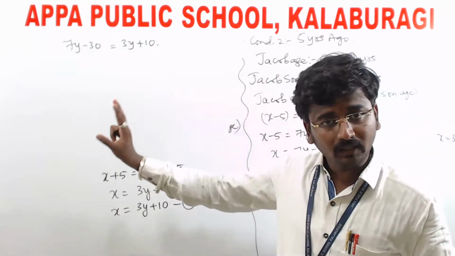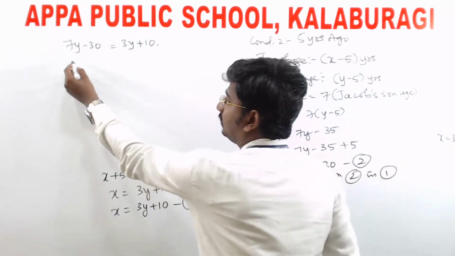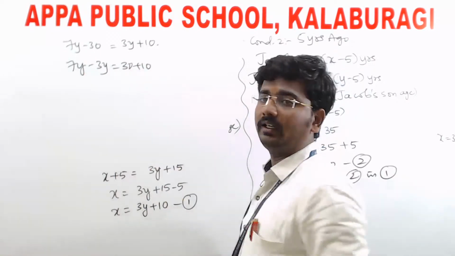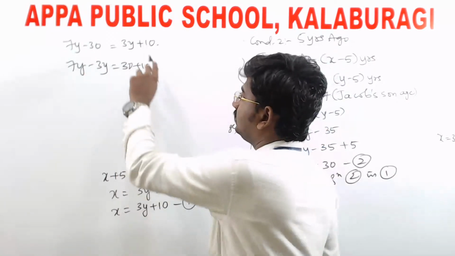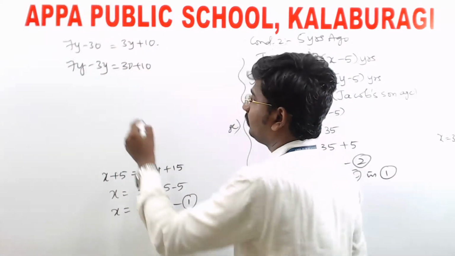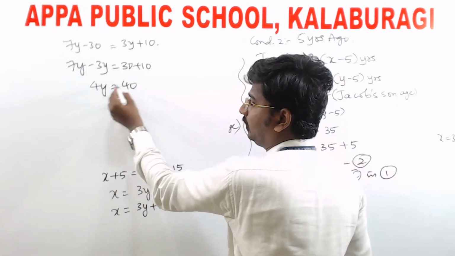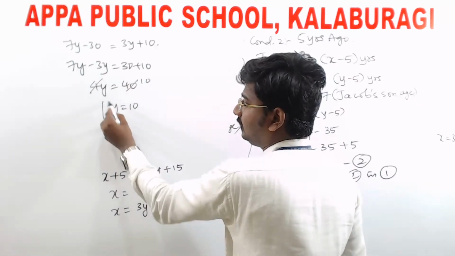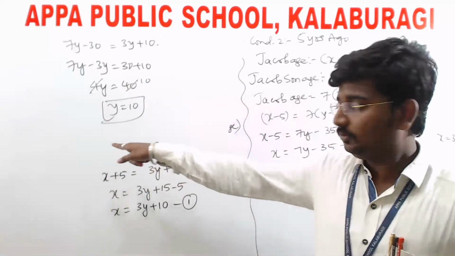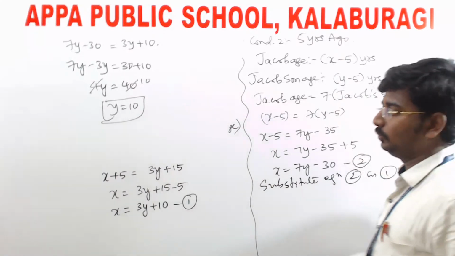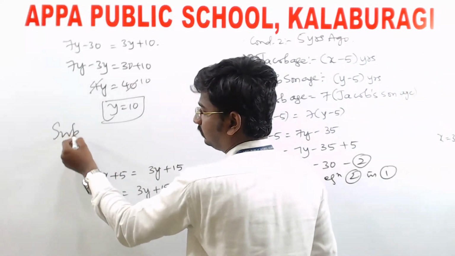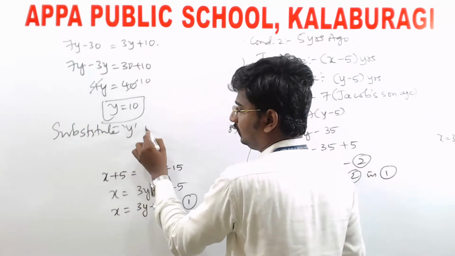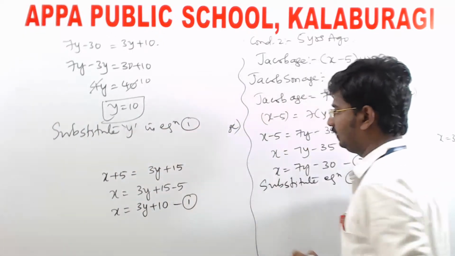Now take y terms one side, constant term other side. 7y minus 3y equal to 30 plus 10, because minus 30 shifts to RHS as plus 30, 3y to LHS as minus 3y. 4y is equal to 40. 4 ones are 4, 4 tens are 40. Value of y is 10. When I know y value, substitute in equation 1 or 2.